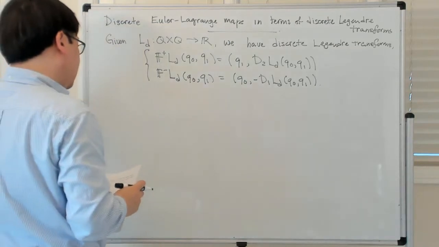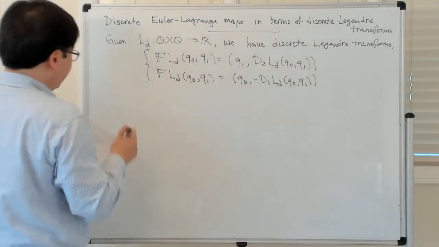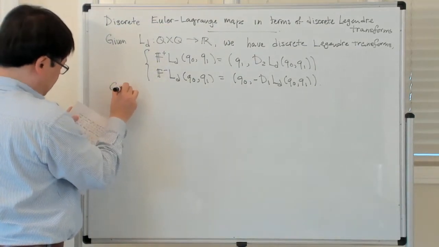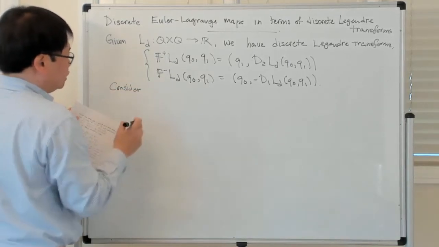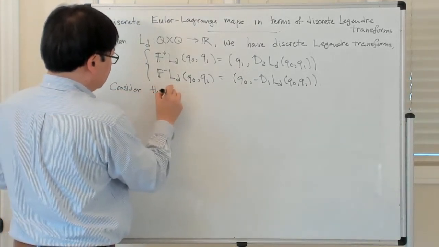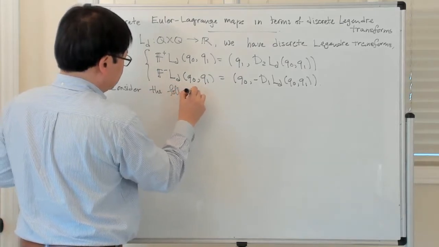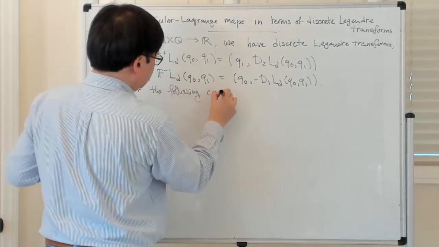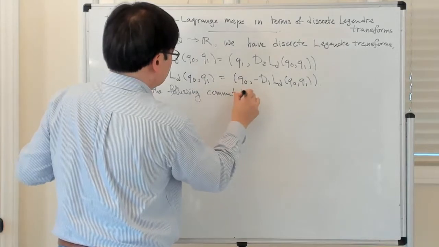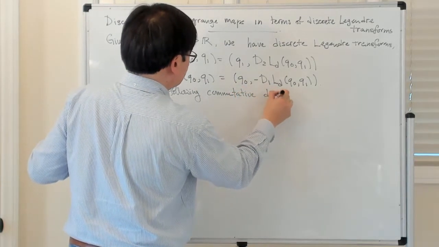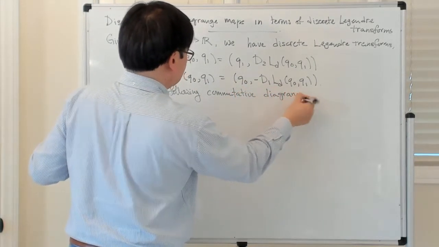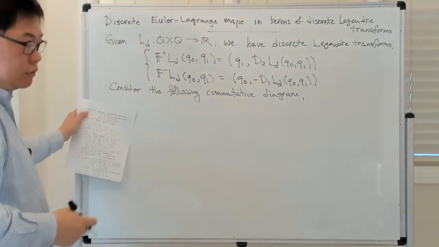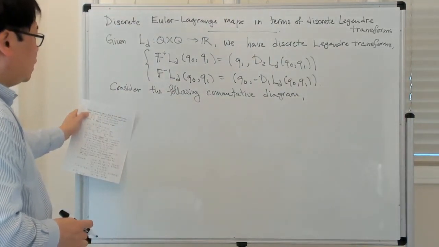And then the claim is that you have the following diagram. So you consider the following commutative diagram. The fact that this is a commutative diagram is not so difficult to show.